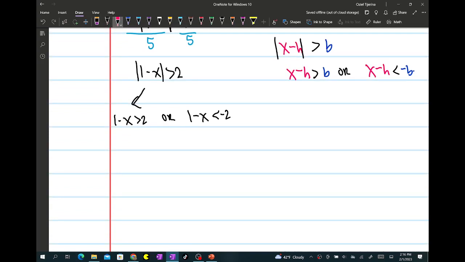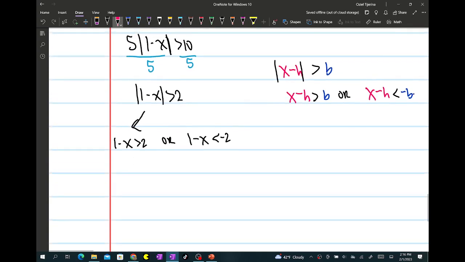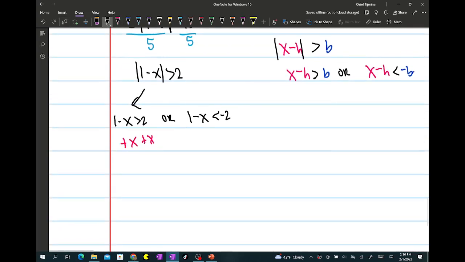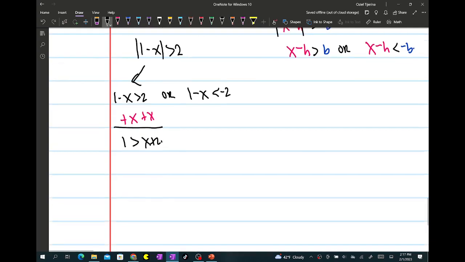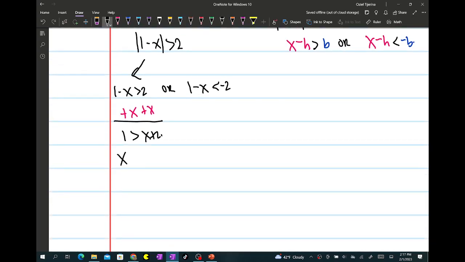I'm going to move this to the other side, so 1 is greater than x plus 2. If I flip that around, x plus 2 is less than 1, right? Then if I subtract 2 on both sides, I get that x is less than negative 1.